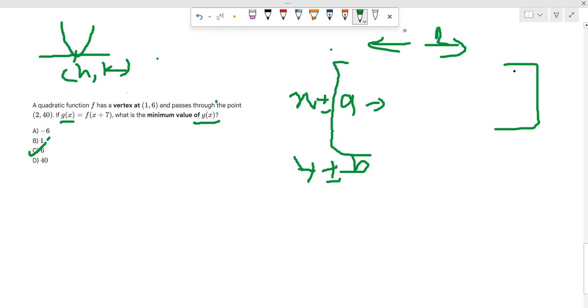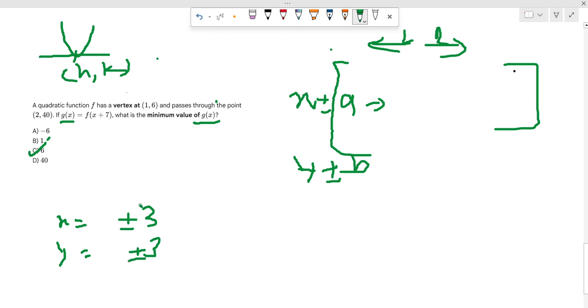Let me teach you in a better way. If in a function the x or y value has gone right by 3 units, then it will be plus 3 in the value of x, and if it is up by 3 units then plus 3 in the value of y, and similarly minus 2 for left and minus 2 for down, right?